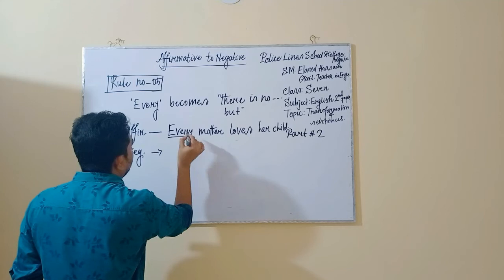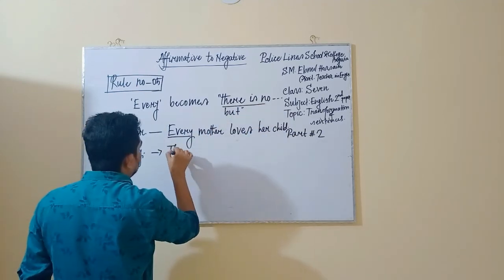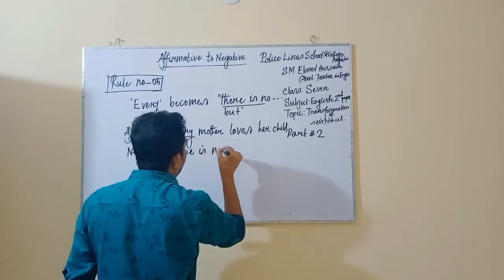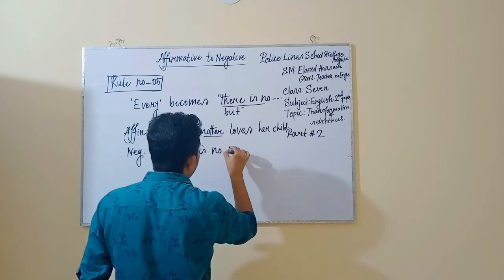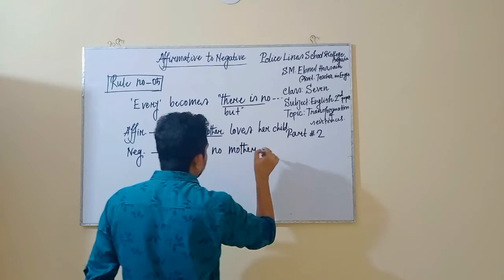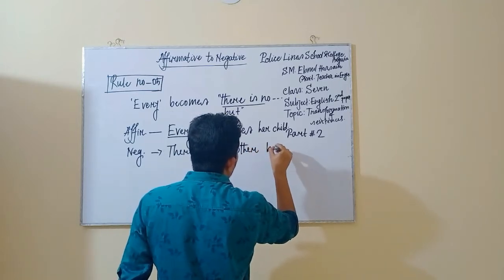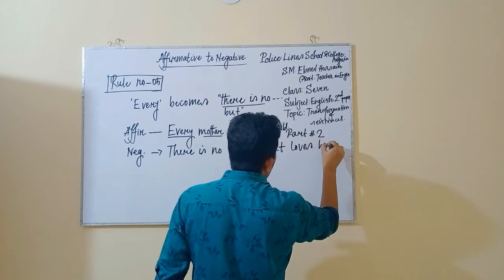In the place of every, we can use there is no. Then the word mother, but, loves her child.